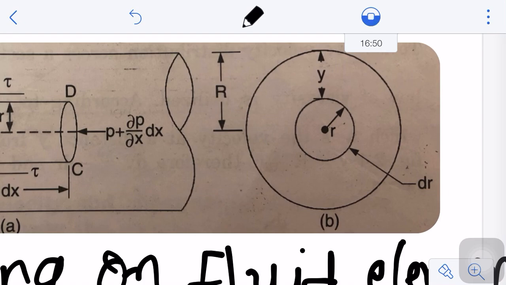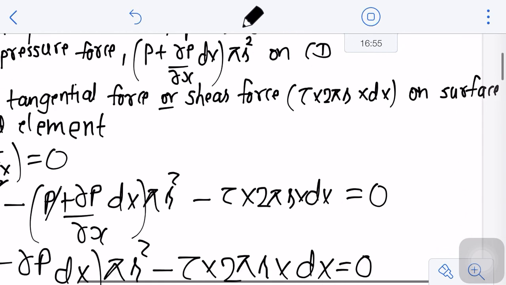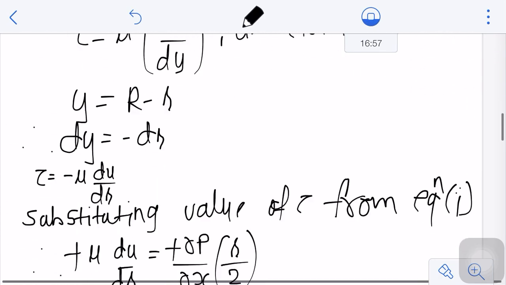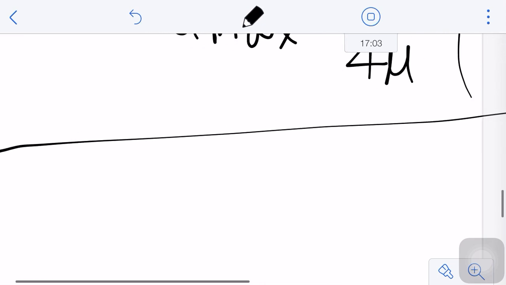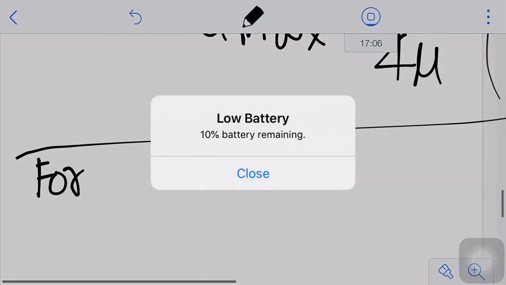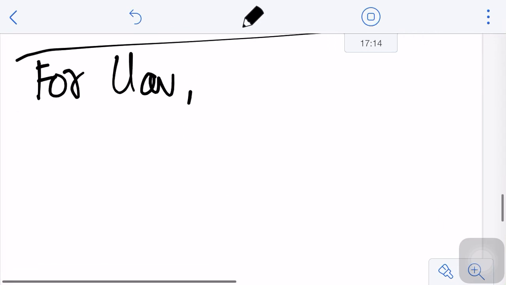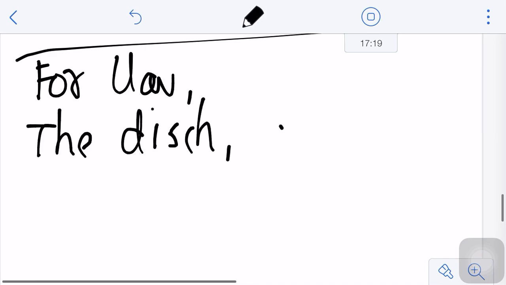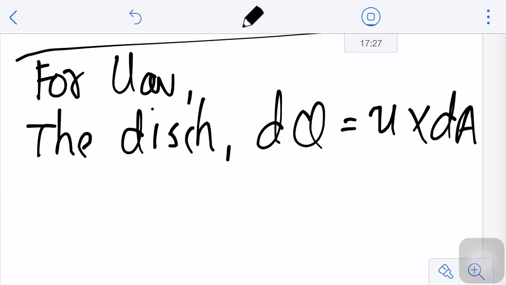So the discharge through this particular cylindrical ring, for u average, which is the average velocity, the discharge dQ we can say is nothing but u into the area dA.